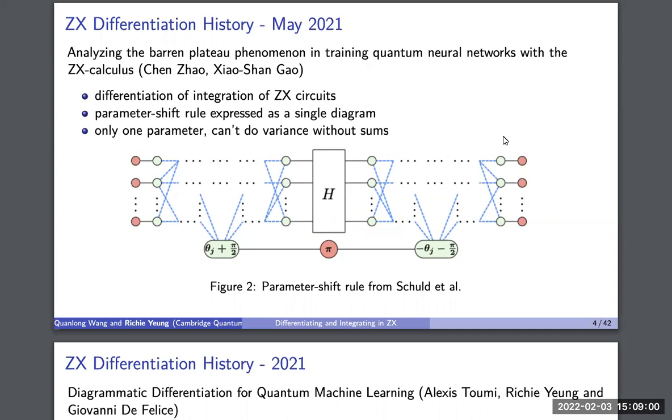This is really good because after differentiating and integrating, you still get a single diagram, and you can then apply the rules of ZX calculus that we are all familiar with to do calculations. However, because they only had rules for circuits with a single occurrence of a parameter, they couldn't do more complex calculations directly within ZX calculus, such as the calculation of the variance of a quantum circuit's derivative.